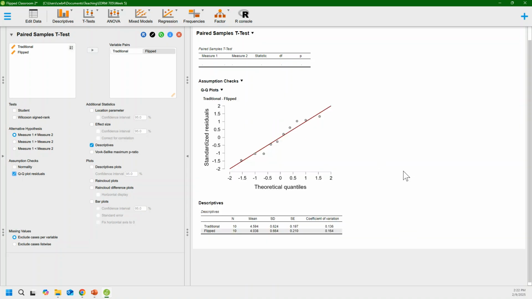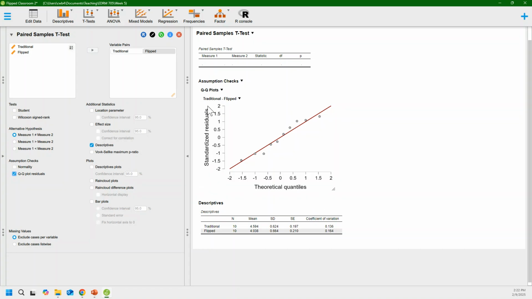JASP is working. Remember, I said that this plot is a scatter plot. These theoretical quantiles would be values of my data, what my data would be if they were in fact from a normal distribution. And these standardized residuals are a standard way that we can standardize our actual data.